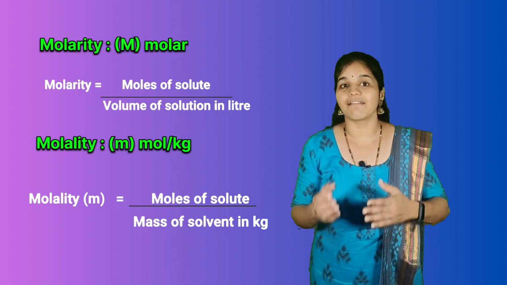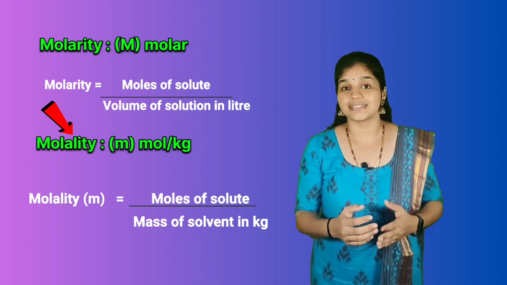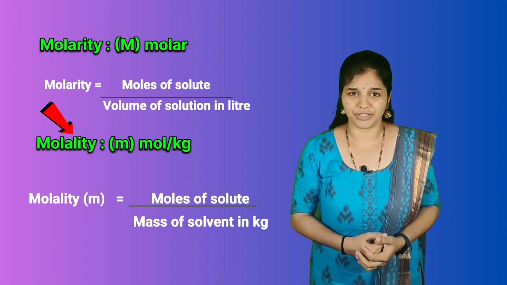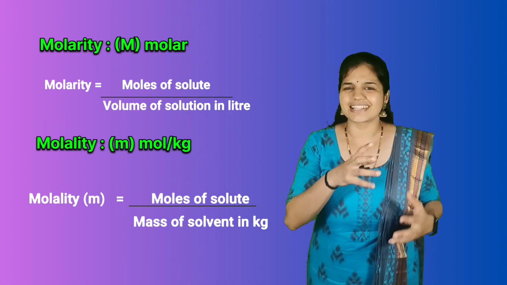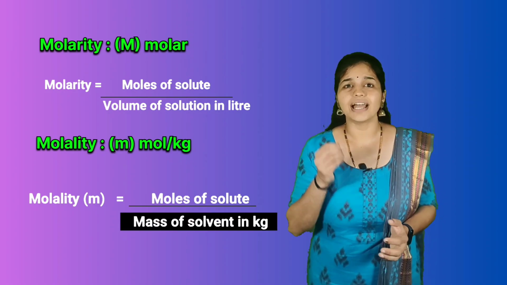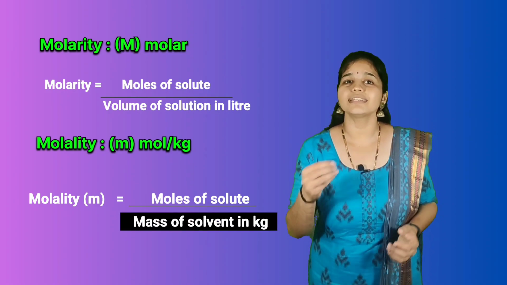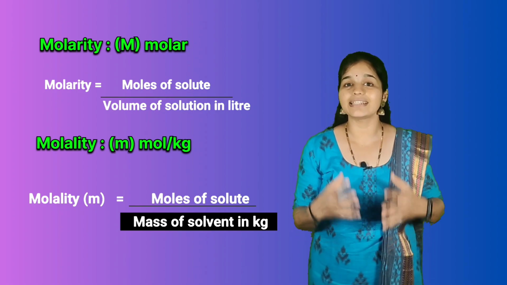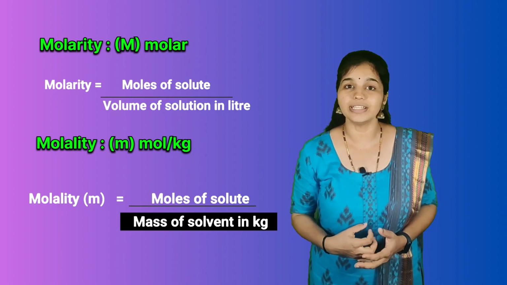In molality, we have L. So let us consider this L stands for liquid, and we will consider this liquid is the solvent, right? So when the solvent is liquid, we have molality, and therefore in molality we relate the concentration to that of the solvent.